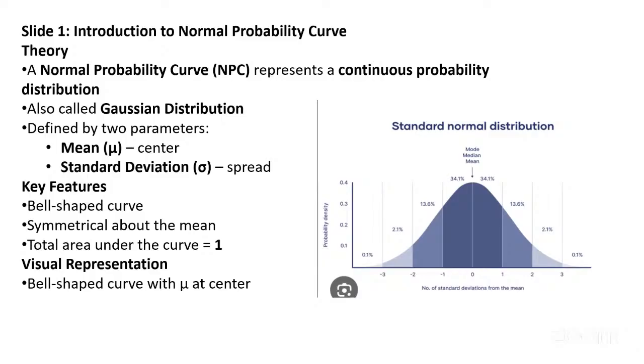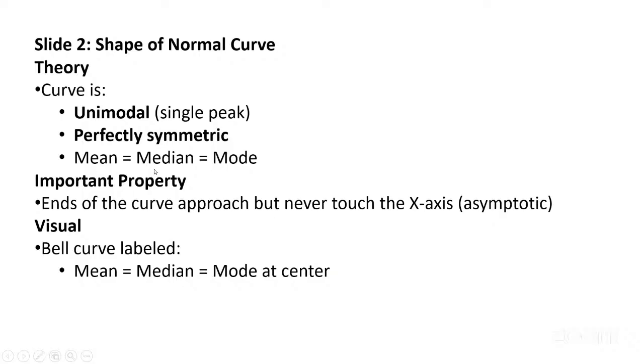As it is the curve of the standard normal distribution, mu is 0 and the standard deviation is 1. That is why it is symmetric about 0, but usually it is symmetric about mu. So mean equals mode equals median here.